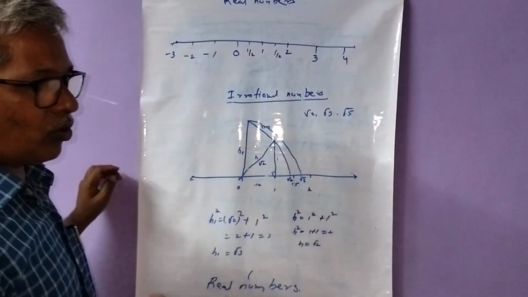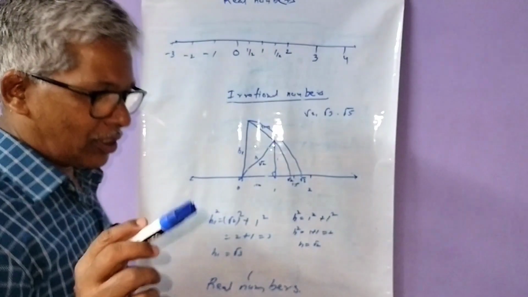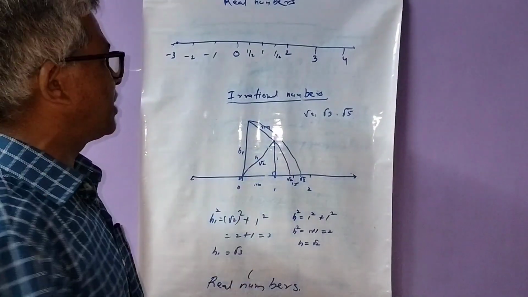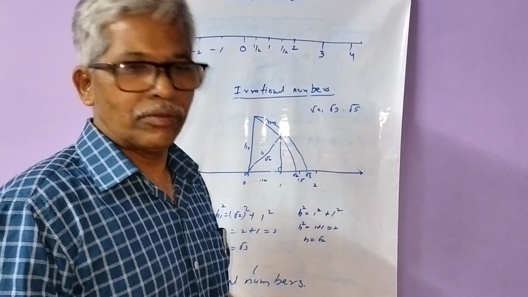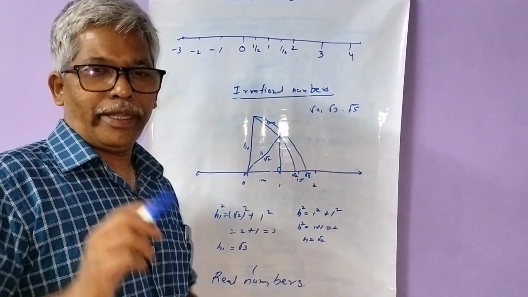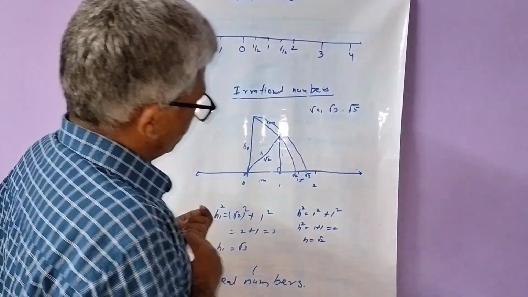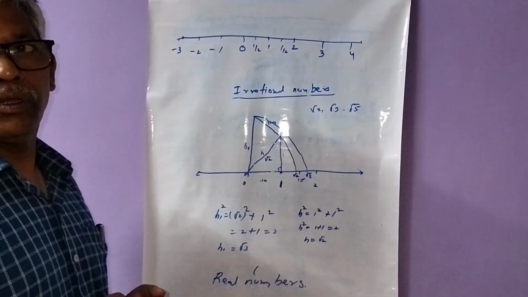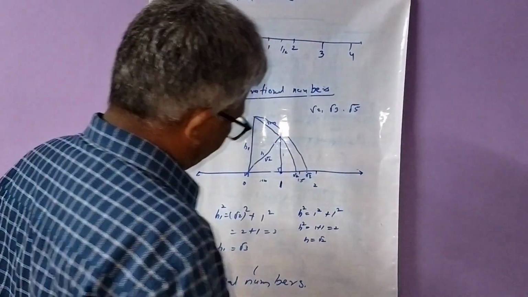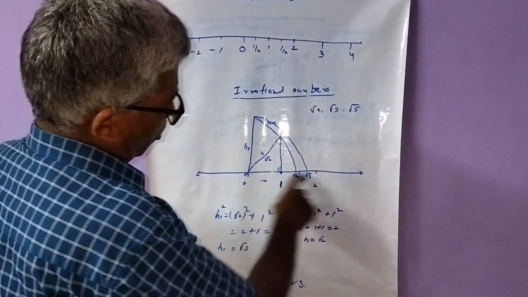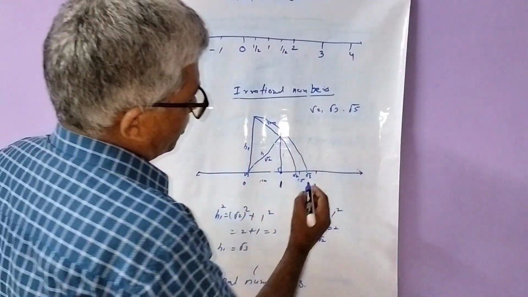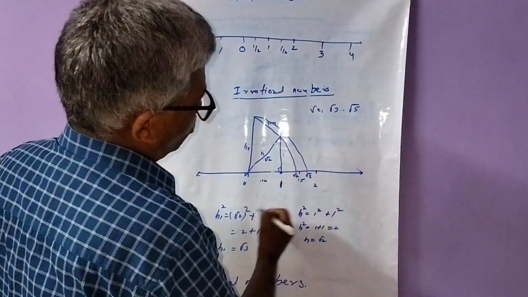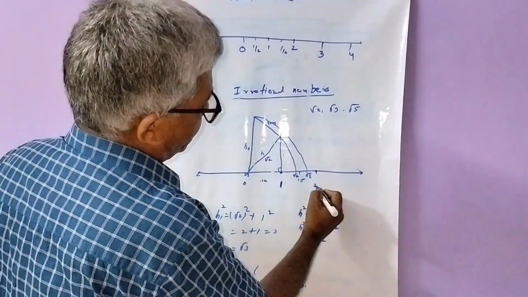Now let us see certain properties of real numbers and the number line. Let us see the real numbers on a number line, for example, this 2 or root 2. This point represents 2.